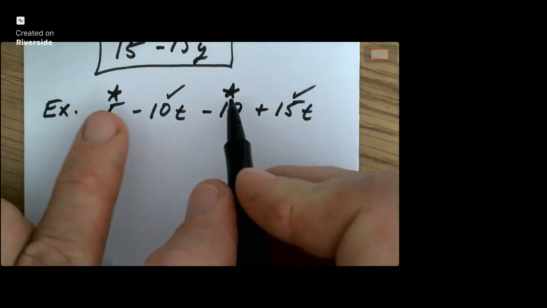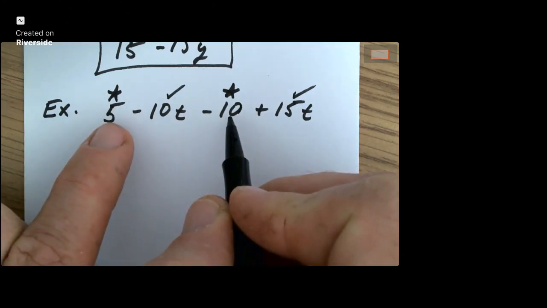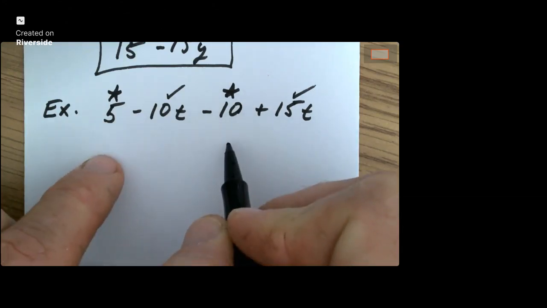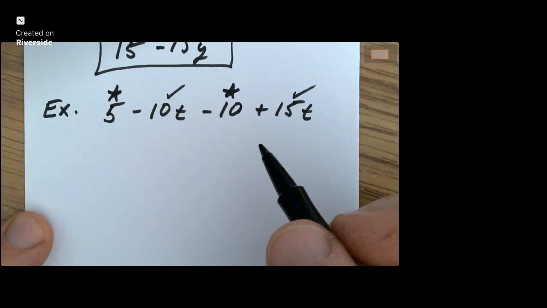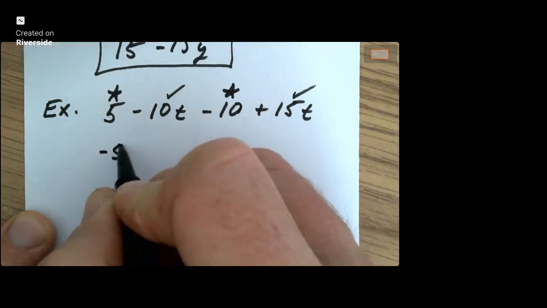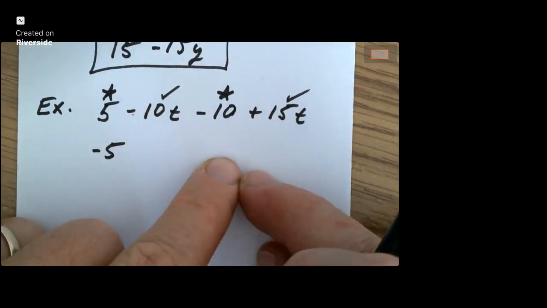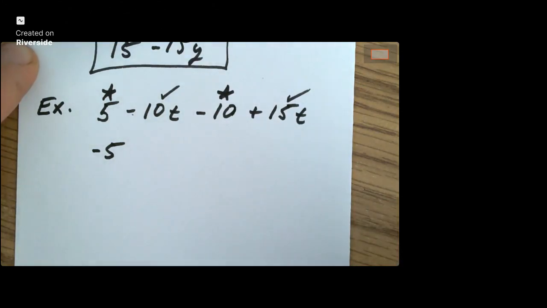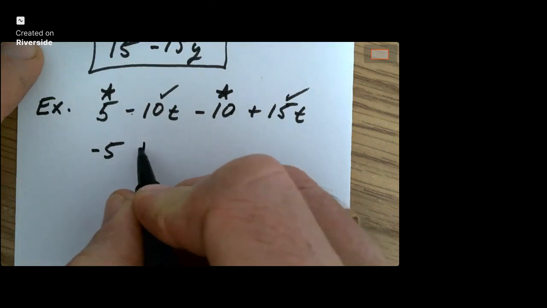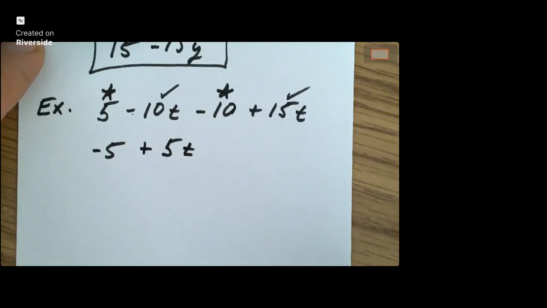Okay, so let's start combining. Let's take our two stars and we can pull them out, slide them together, make sure the signs go with them when we pull them out, right? So it's a positive 5 and this one's a minus 10. If we scoot them together, that becomes the expression positive 5 minus 10, which will be negative 5. So if I take that negative 10t and that plus 15t, pull them out, put them together, that's going to become negative 10t plus 15t, which will end up giving you a positive 5 t's.